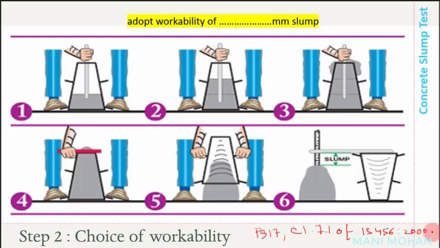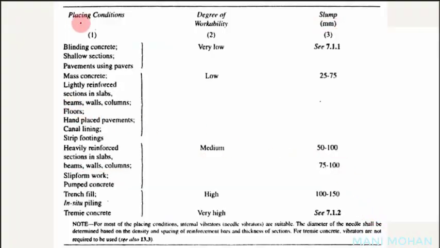Let me show the screenshot of that particular page. Here you can see different job requirements or placing conditions. You can see a column of degree of workability from very low to very high, and a term called slump. Now this slump is nothing but a measure of workability of concrete.